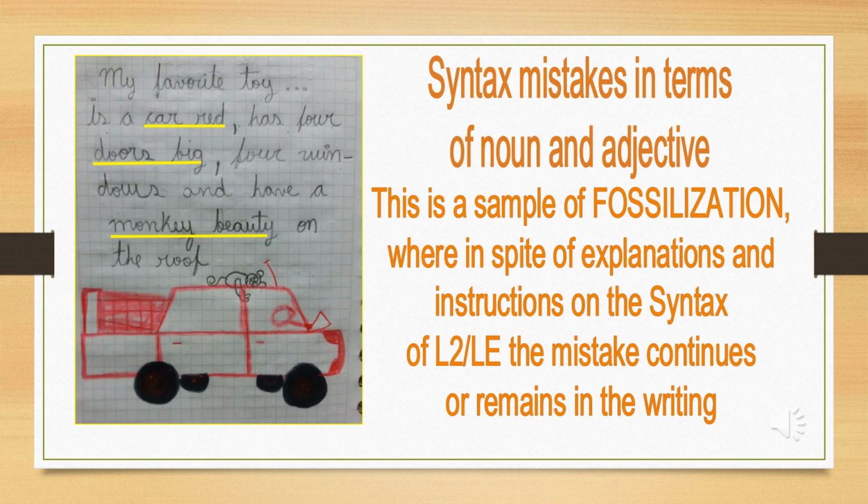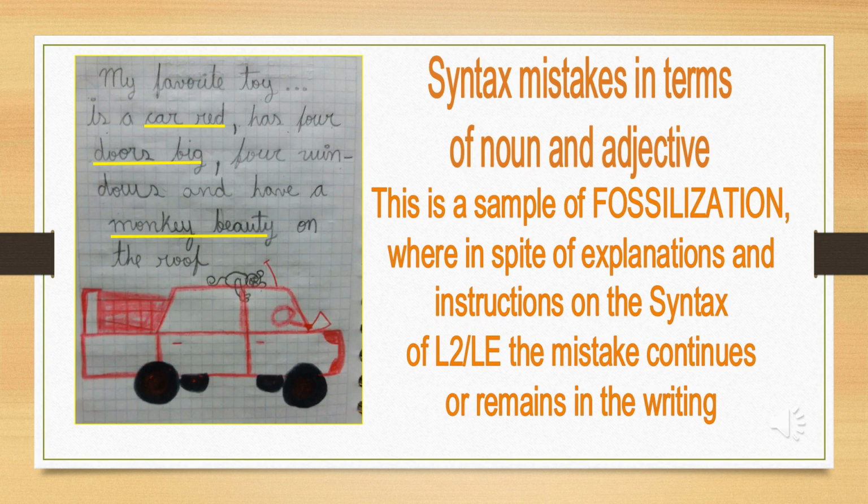However, if this is not corrected at the right time, students, as they move from L1 to acquiring proficiency in L2, keep making the same mistakes over and over, as we can see here in this slide, where the student is making a syntax mistake by placing the noun before the adjective, as he would normally do in Spanish.